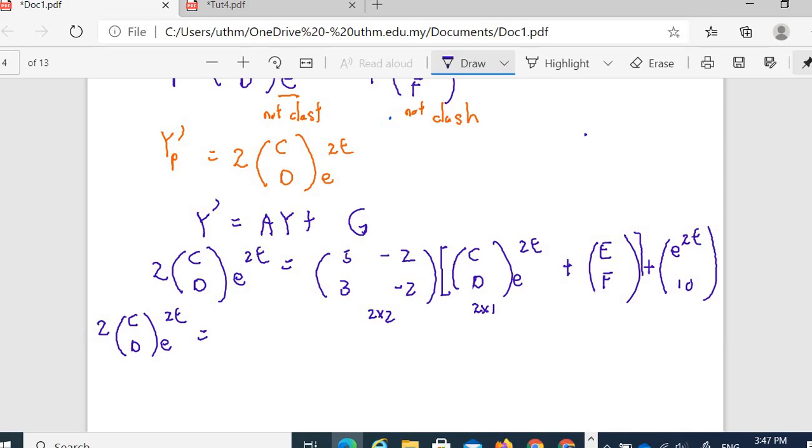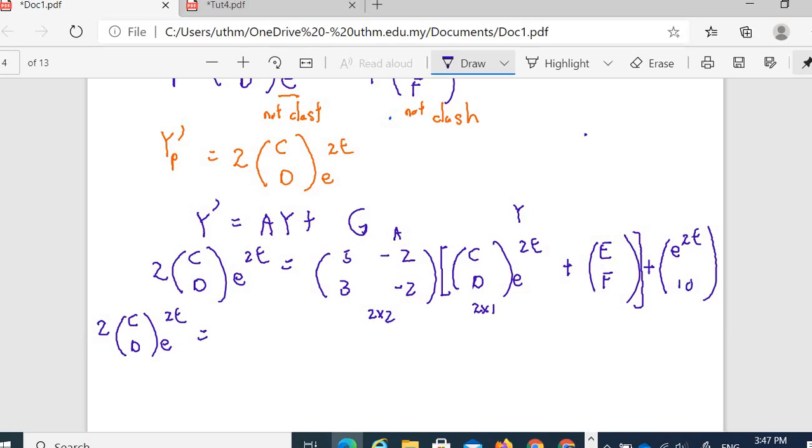This is A, this is Y, this is plus G. In matrix A here, you multiply Y, you actually have a linear combination of exponent 2t vector plus a constant vector.